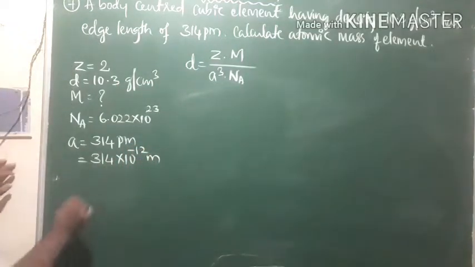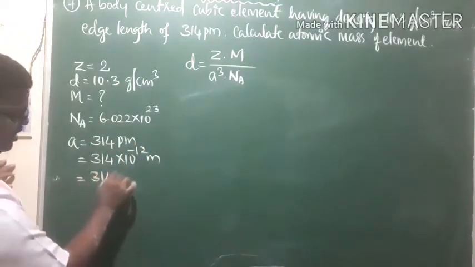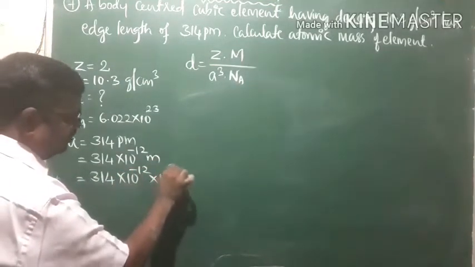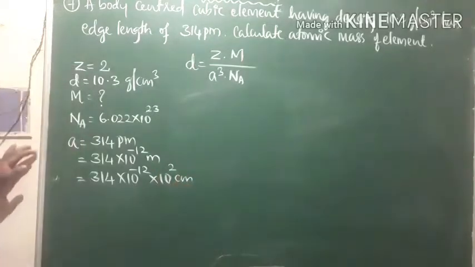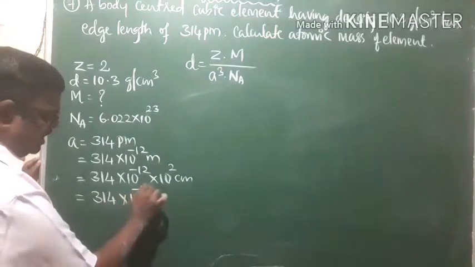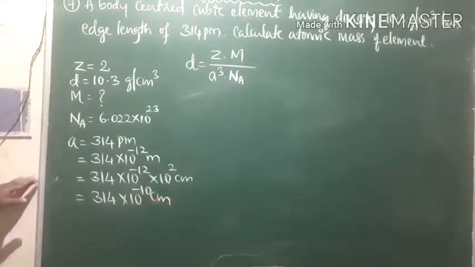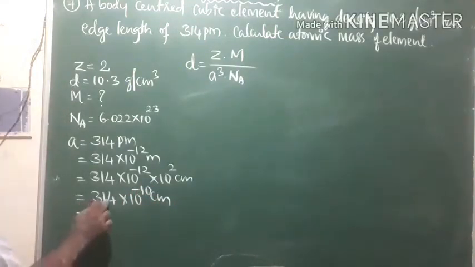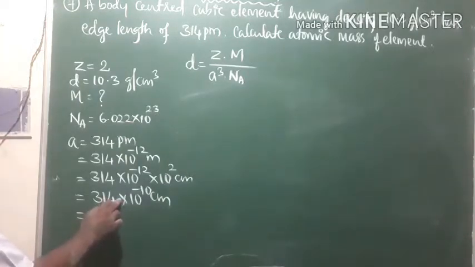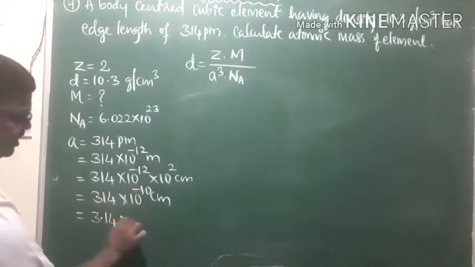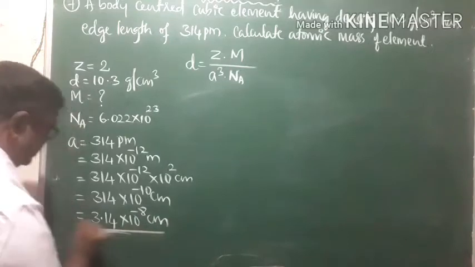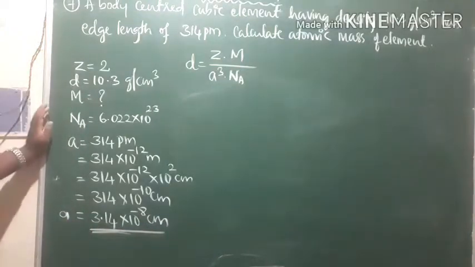One meter can be replaced by 10 to the power of 2 centimeters, that's equal to 314 into 10 to the power of minus 10 centimeters, or you can say 314 can be written as 3.14 into 100, so 3.14 into 10 to the power of minus 8 centimeters. This is the edge length a in terms of centimeters.